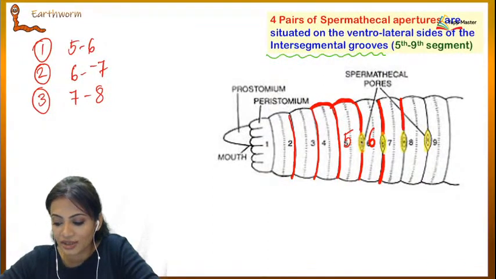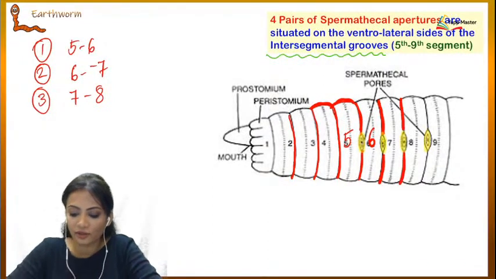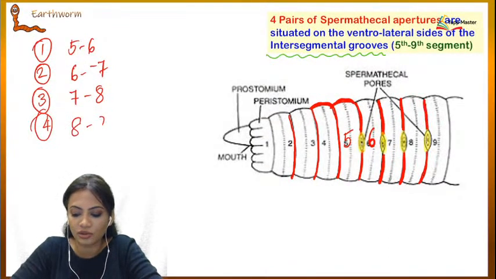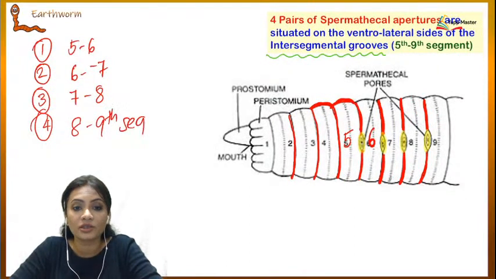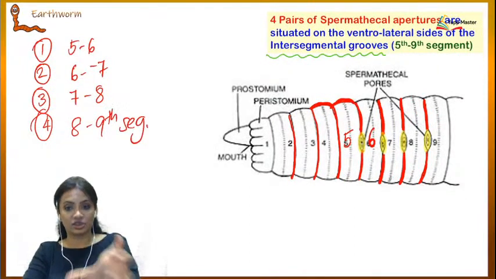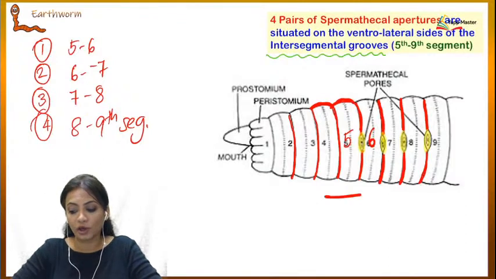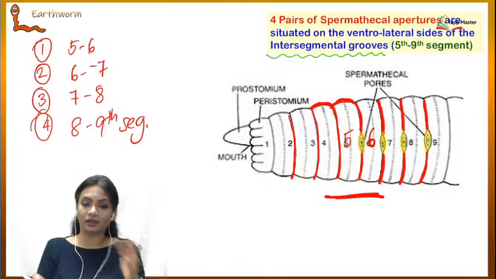This is the one which is 7 to 8. And the fourth one will be present right over here, that is between segments 8 to 9. Okay, so this is how there is the distribution of the 4 pairs of the spermathecal apertures, one on this side and one on the other lateral side.